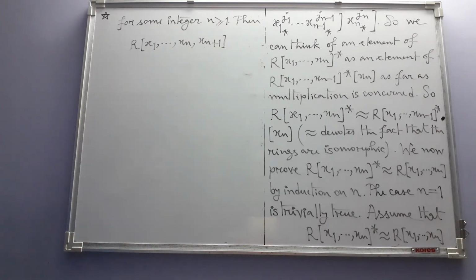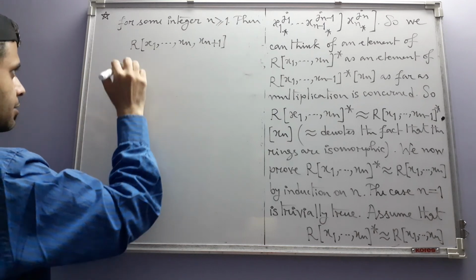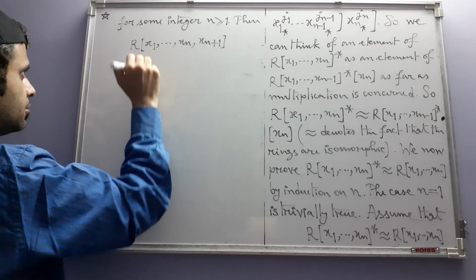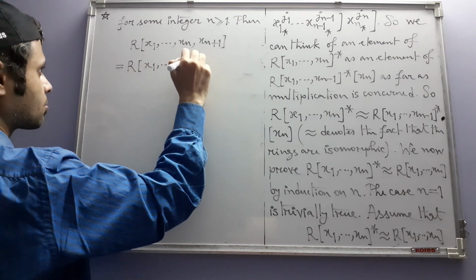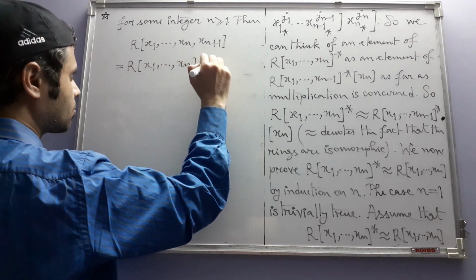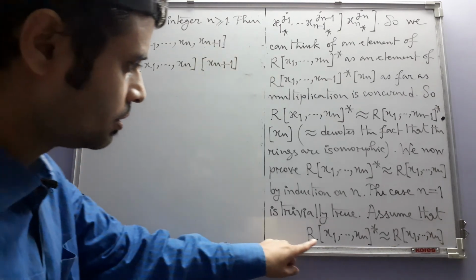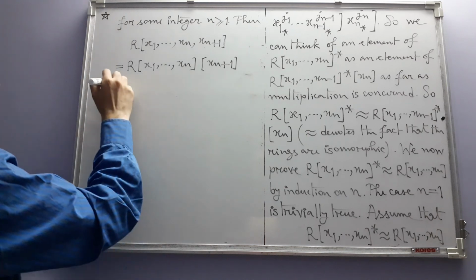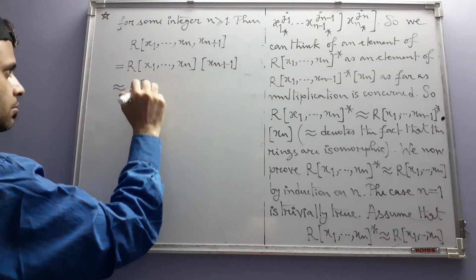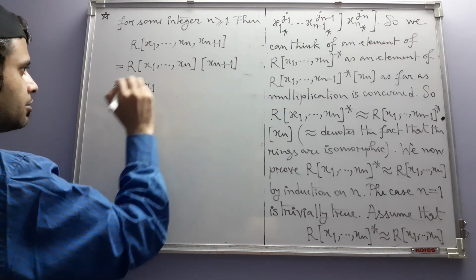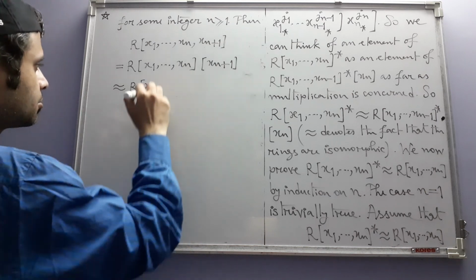the original polynomial ring. By definition, this is not just isomorphic, this is in fact equal to this. And this is isomorphic to this, so that means the larger polynomial ring over this new variable x_{n+1} will also be isomorphic.